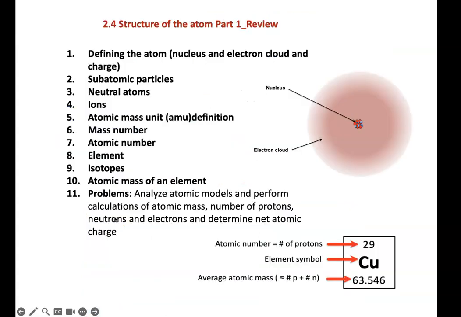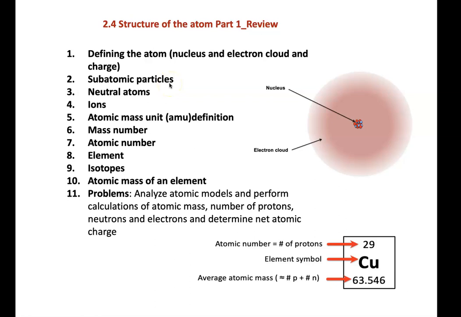So to quickly review, we discussed how the atom is divided into the nucleus and electron cloud and their charges. The nucleus is positively charged, the electron cloud is negatively charged. There are 3 subatomic particles: protons, neutrons and electrons.